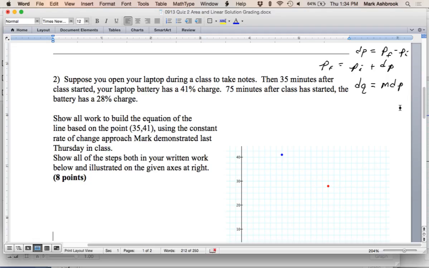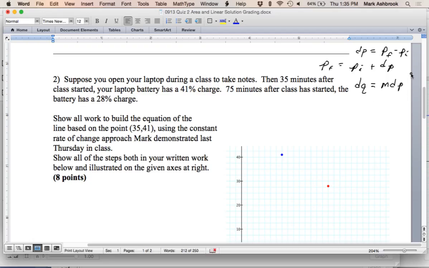Is Q equal to M times P? Maybe. If Q is 0 when P is 0, then yes, also Q equals MP. But if Q isn't 0 when P is 0, then Q is not equal to MP, but dQ equals M dP is always true for constant rate of change.